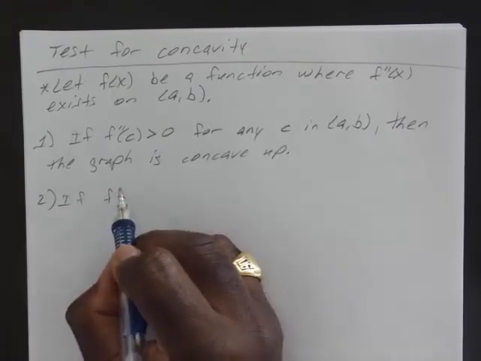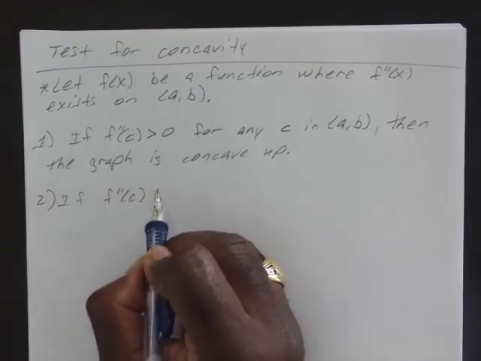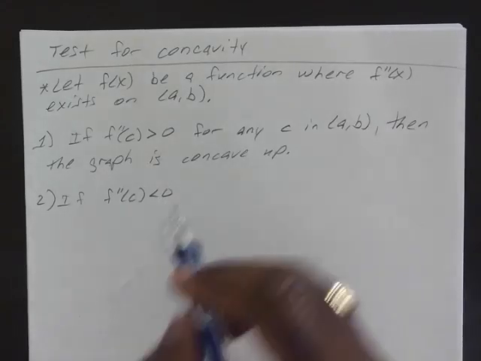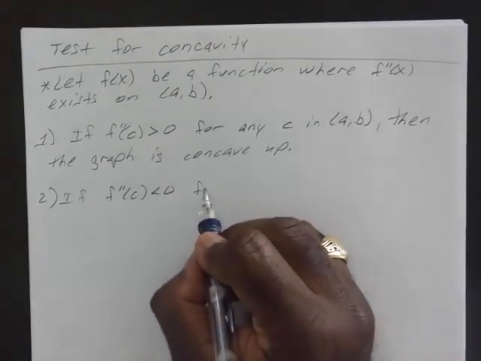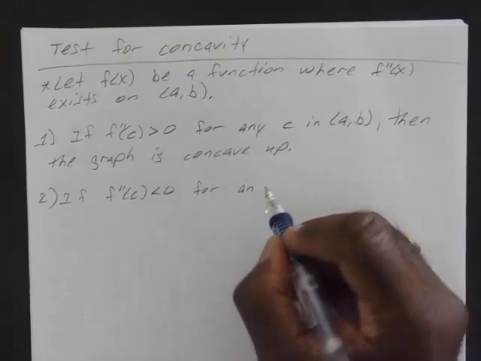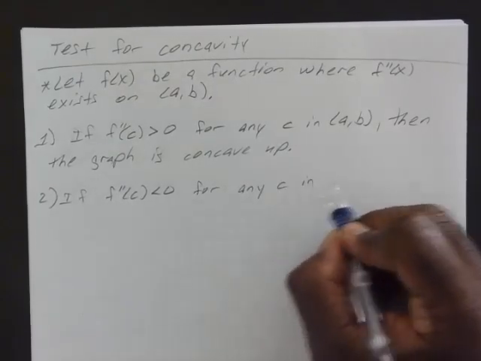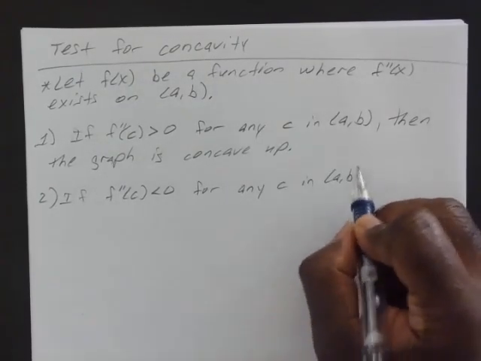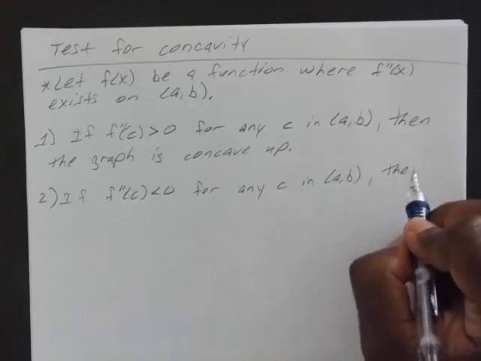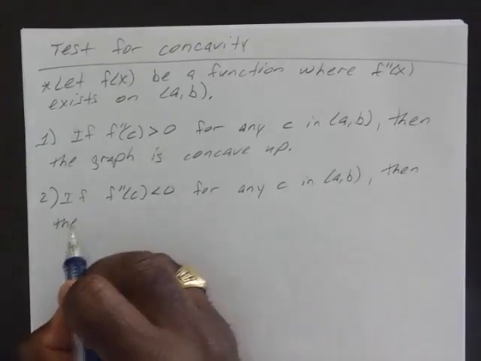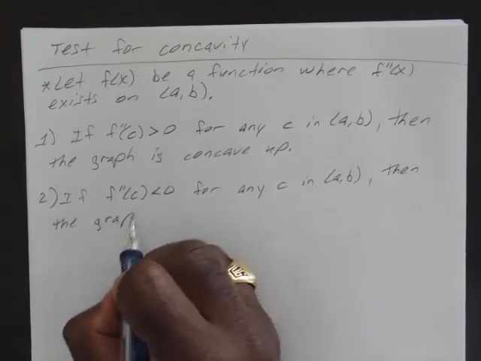Now, if the second derivative at c is negative for any c in that interval, then the graph is concave down.